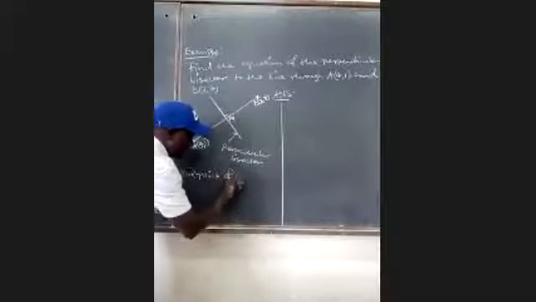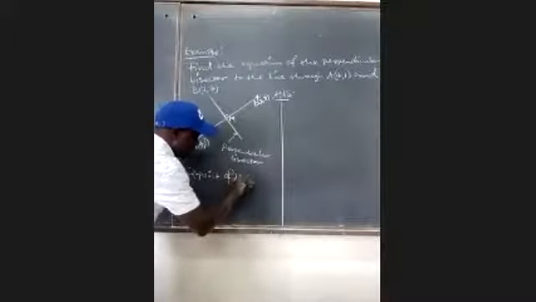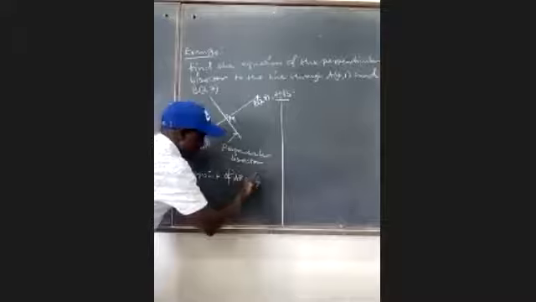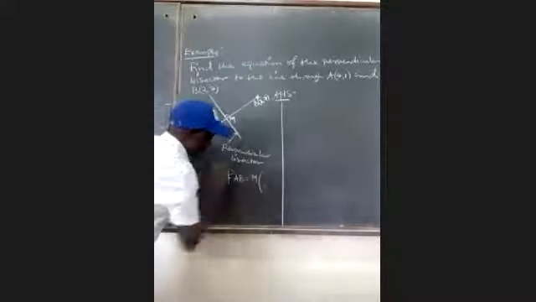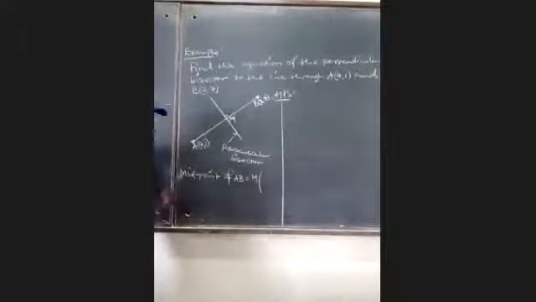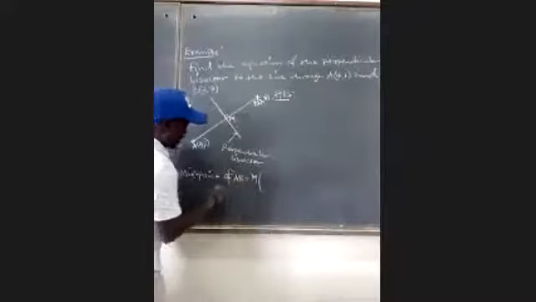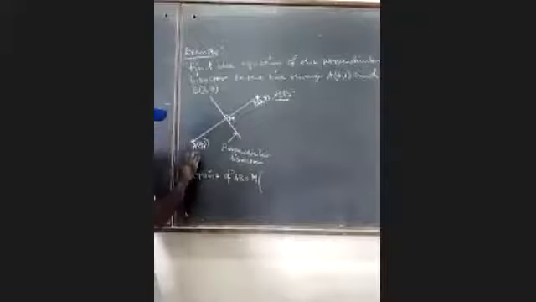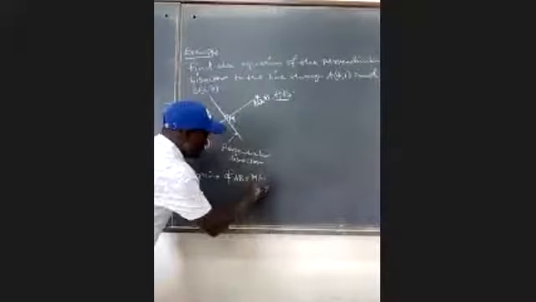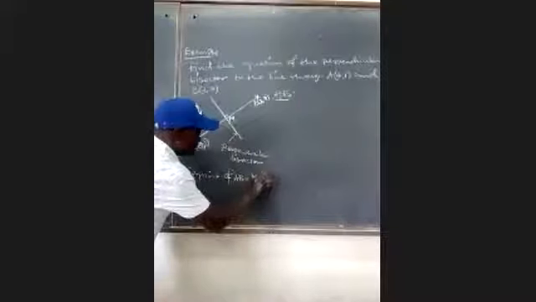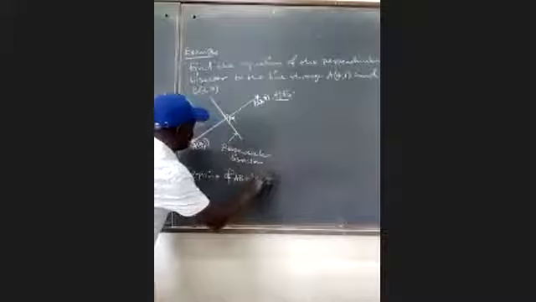So since we have the x and y coordinates of B and A, it will be 4 plus 2 divided by 2 for the x coordinate. Now, let's be a little slow. You have said that we use the coordinates.